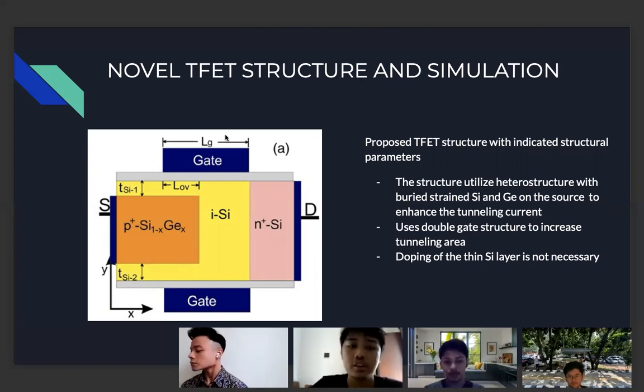To propose the TFET structure with the indicated structural parameters, there are several design points. First, it is a heterostructure with buried strained silicon germanium at the source to enhance the tunneling current. Second, they also use a double gate like in this picture to increase the tunneling area. And the last is that doping of the thin silicon layer is not necessary. And then next.